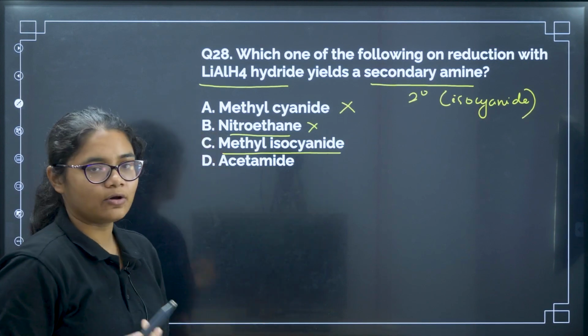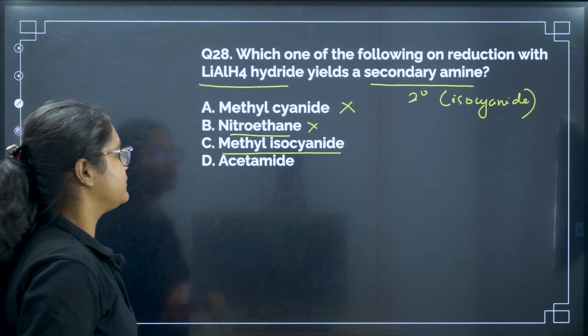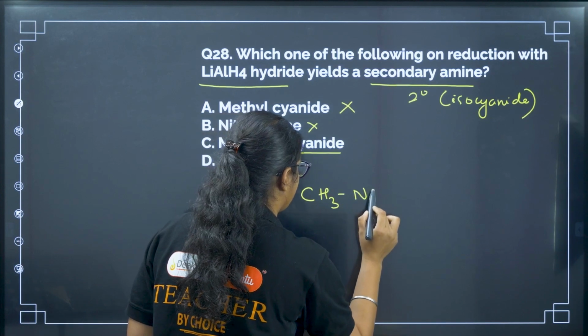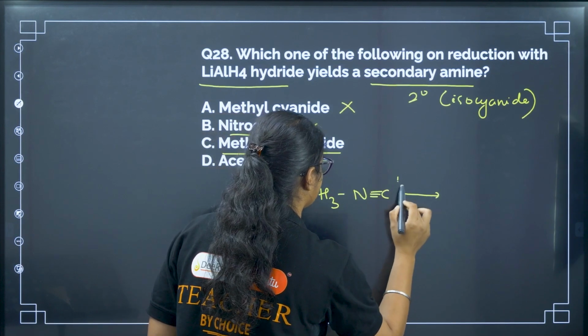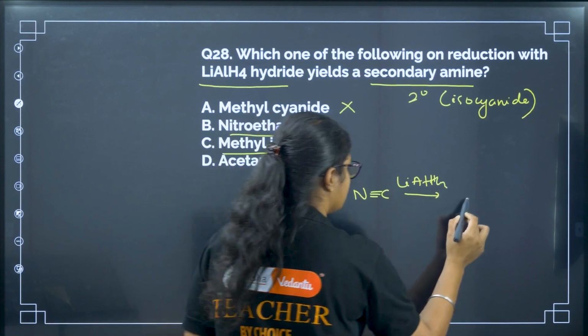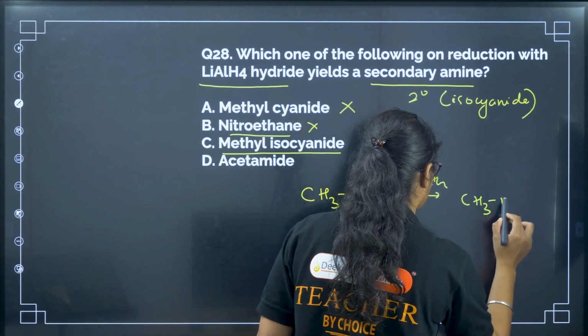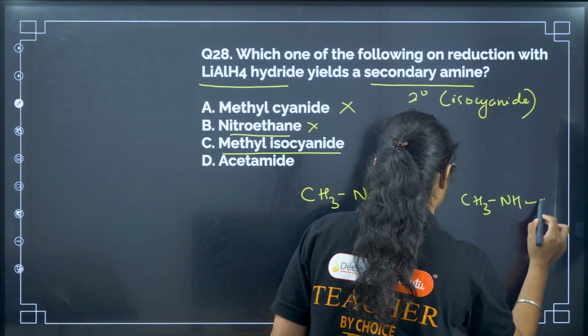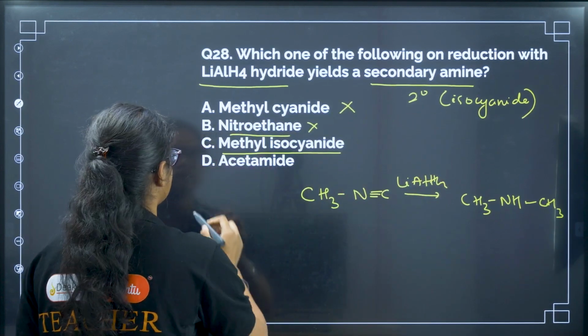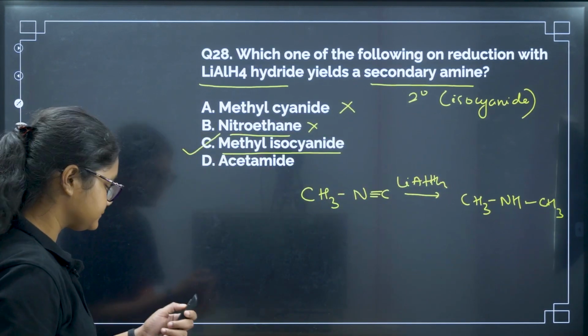Methyl isocyanate on reduction with lithium aluminum hydride will give you, if we have this one, CH3N triple bond C, when you treat it with lithium aluminum hydride, we will get CH3NHCH3. So the correct answer for this question will be option number C.